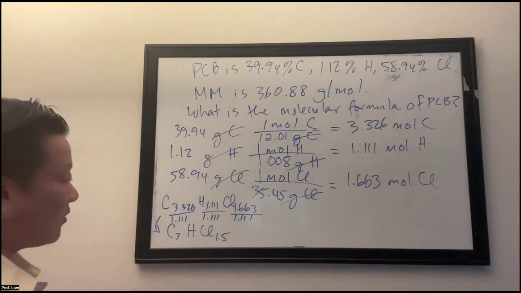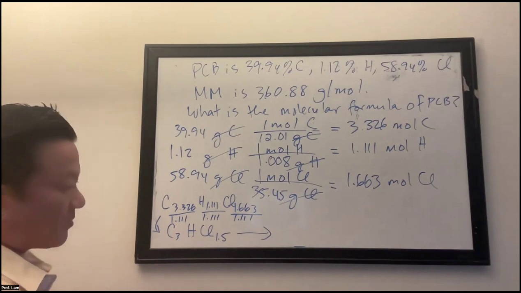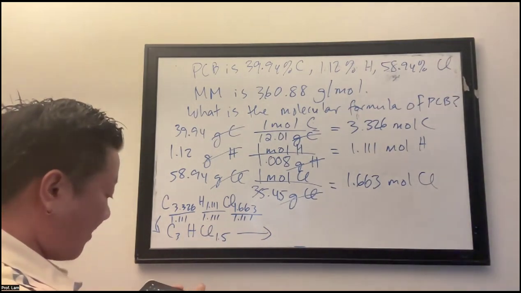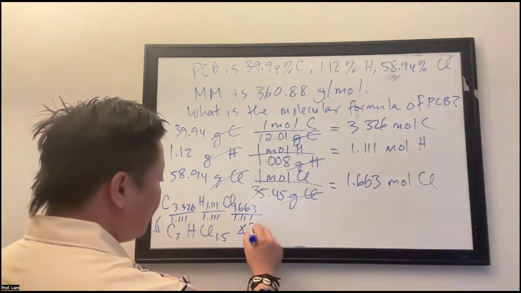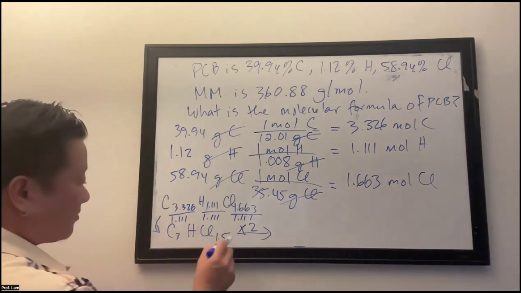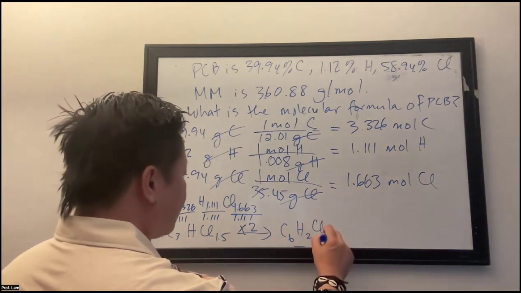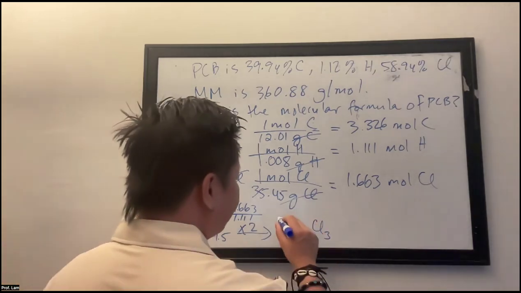Okay, so at this point, I still have a decimal. So I'm going to multiply by the smallest factor. Take that decimal number, 1.5 times 2 is 3. Okay, great. So 2 works. I'm going to multiply everybody by 2. C6H2Cl3 is going to be my empirical formula.